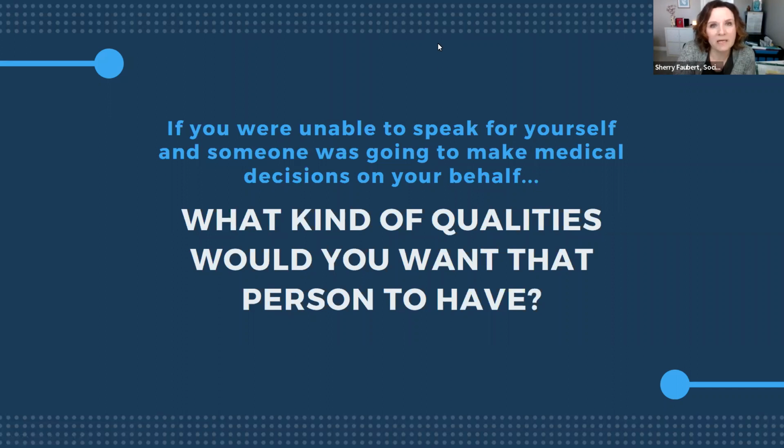When we talk again about substitute decision makers, that individual would be your voice, essentially. That would be a person making that decision for you if for some reason you were not able to communicate it. So one of the things that we encourage you to think about is what kinds of qualities would you want that person to have? Not necessarily the who, in terms of, well, that would of course be my husband, or my cousin, or this person.